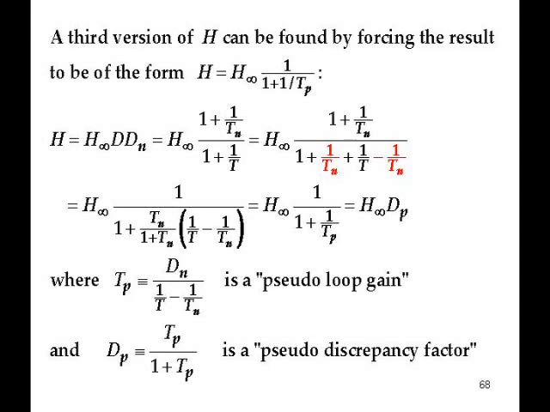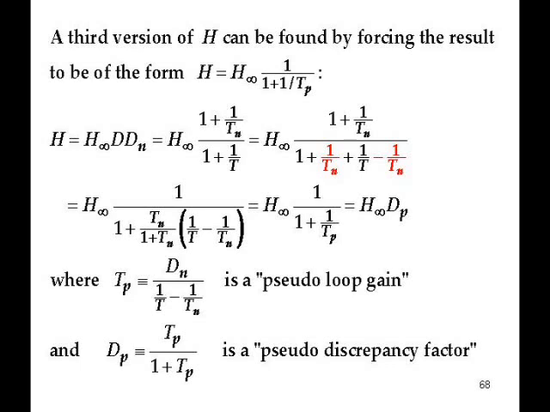I don't have to go through the step. The answer is H infinity times 1 over 1 plus 1 over Tp, where Tp is a pseudo loop gain, because it contains both the T and the Tn. In other words, you've forcibly tried to hide the non-ideality term by modifying the definition of the loop gain.